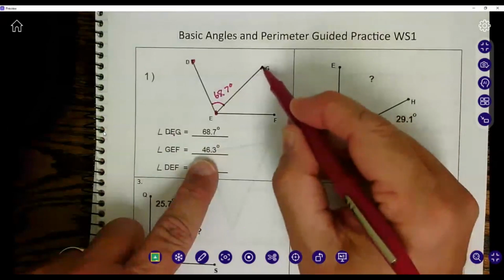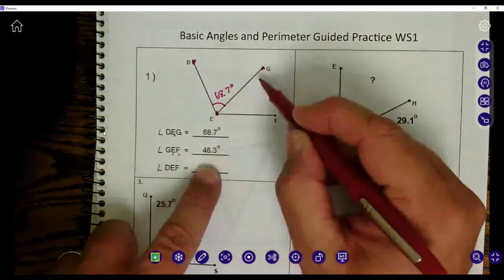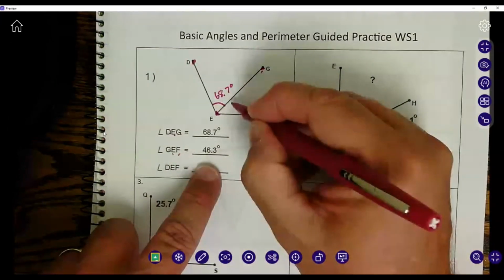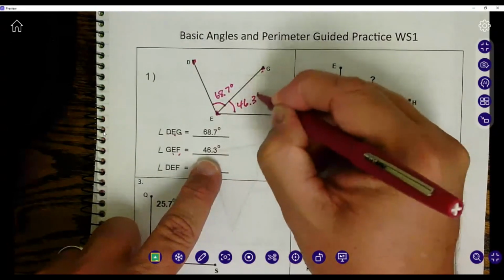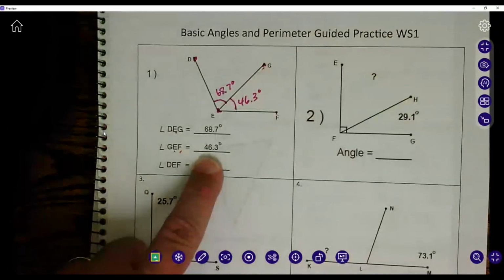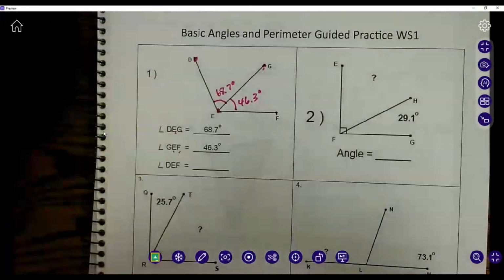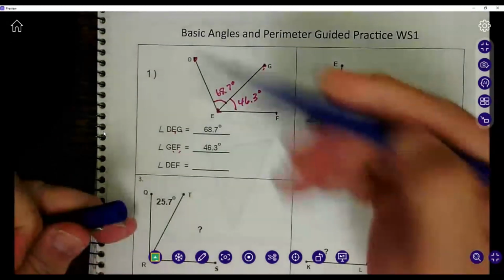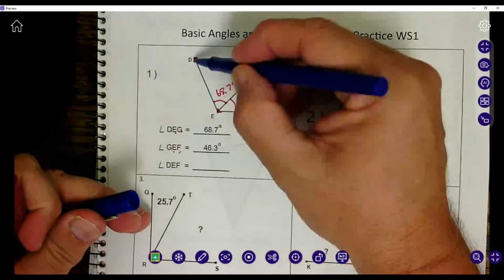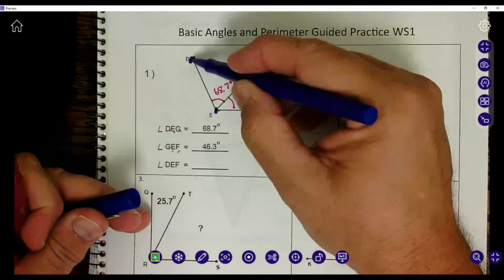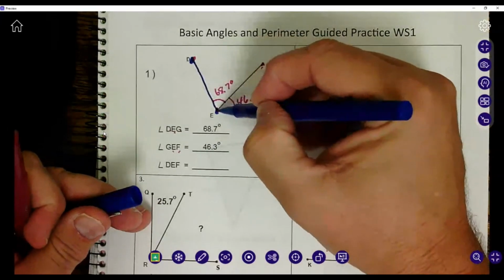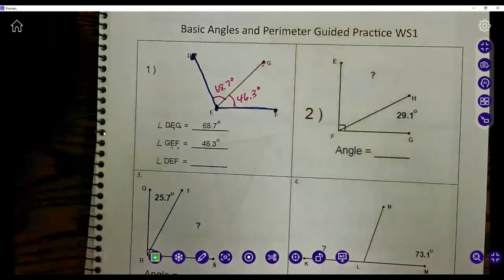And they tell us that GEF, this angle, is 46.3 degrees. They want to know what is the measure of angle DEF, which is this big angle.